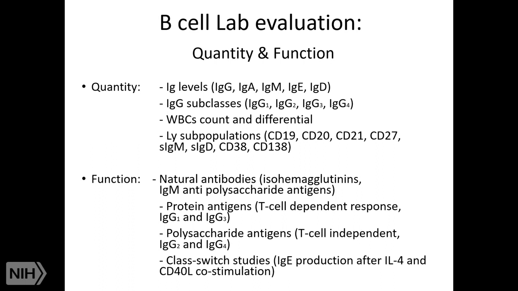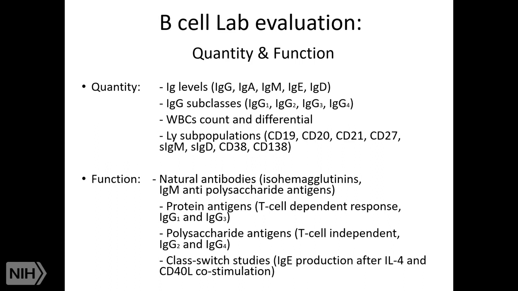So unless you are thinking of increased IgG4, it's not a very practical test to do unless you are doing something very peculiar. Then white blood cell counts and differential to count the B cells, lymphocyte subsets that we'll discuss a little bit further. And then we go into the function: natural antibodies, protein antigens, polysaccharides, and class switch studies.